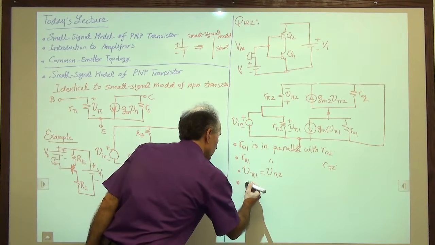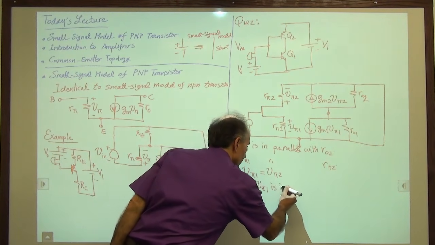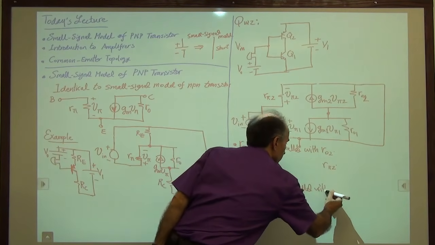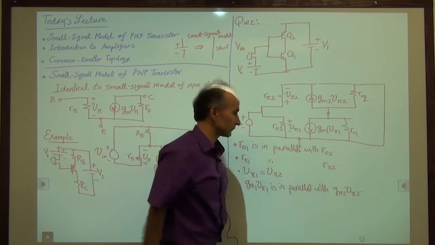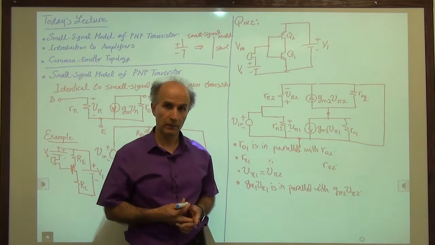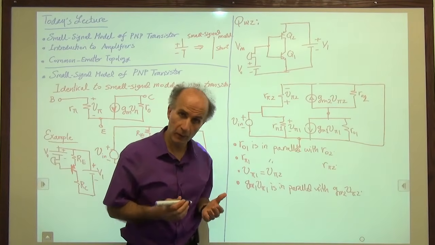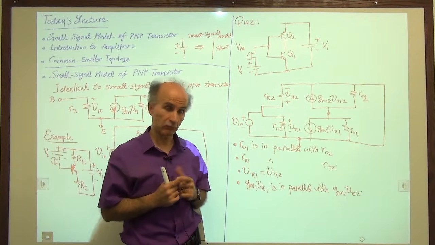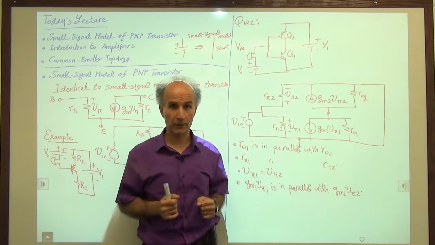So we say gm1 Vpi1 is in parallel with gm2 Vpi2. If two current sources are in parallel, what do we do? Well, let's step back. If two voltage sources are in series, what do we do? We add their voltages. So if two current sources are in parallel, we add their currents. So we could actually just add these two, meaning replace the two current sources with one current source.